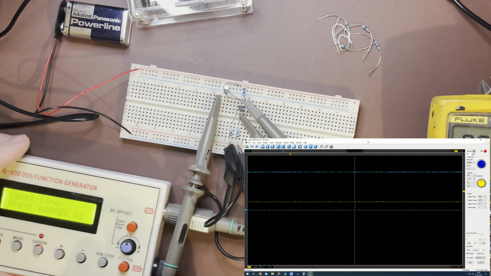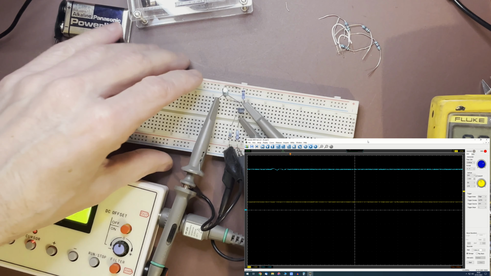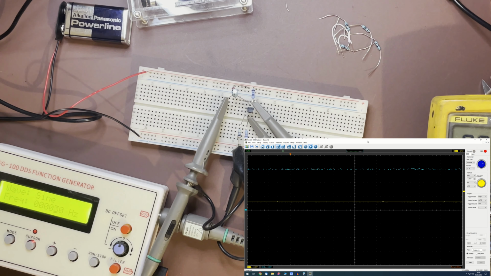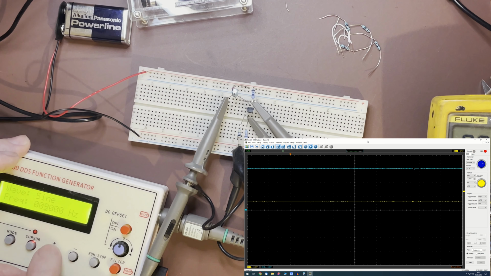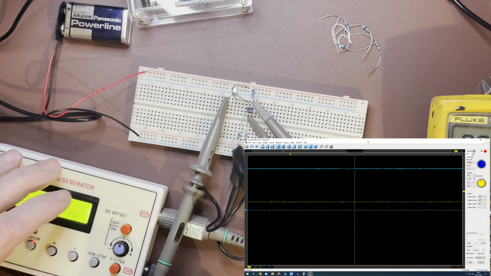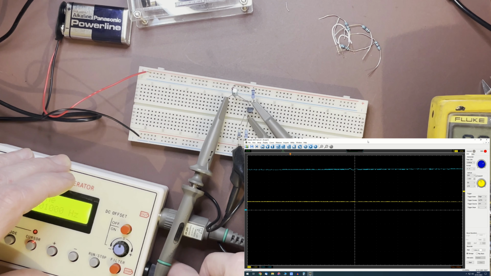I'll set this gadget for, say, I don't know, 1000. All the way, right. Right, that should now be producing a 1 kHz sine wave.